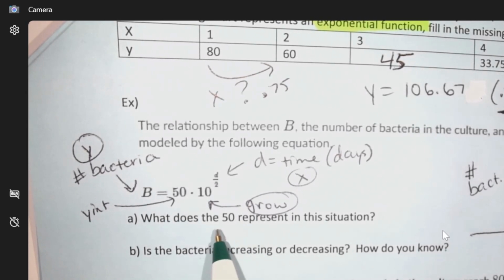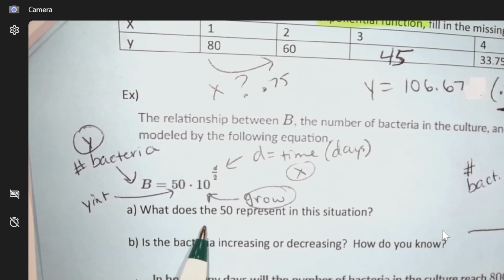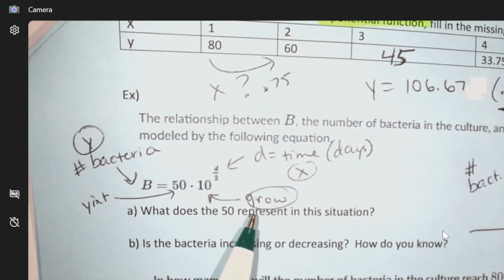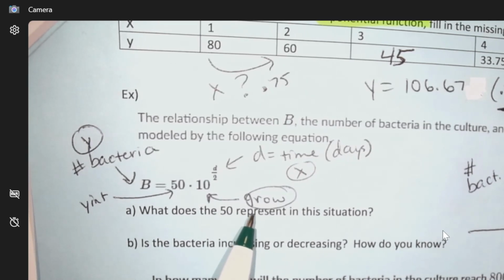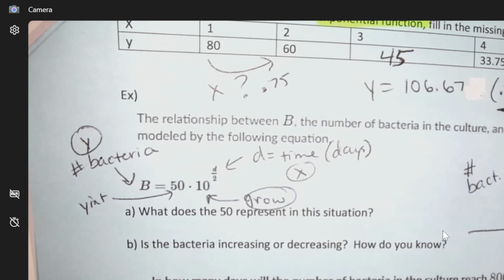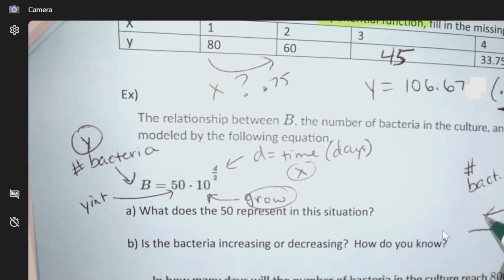Okay, in question 8 it says, what does the 50 represent in this situation? Do not answer me, it's the y-intercept. That's the graph. I'm saying, what does it represent with bacteria and time and all that? 50 is the initial what?